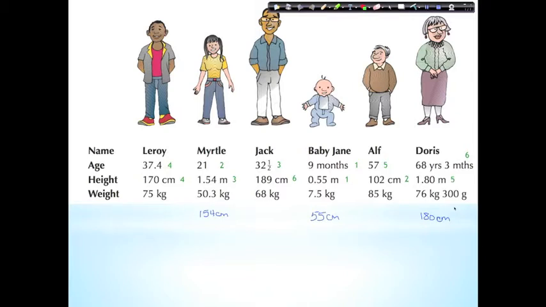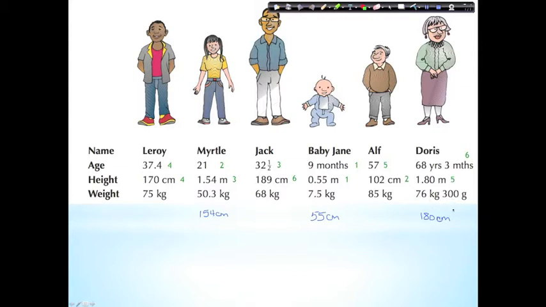Okay, now do the same for the last one. So put them in order from the lightest to the heaviest. Okay, these ones are all pretty much in kilograms, apart from the last one where we've got 76 kilograms and 300 grams.